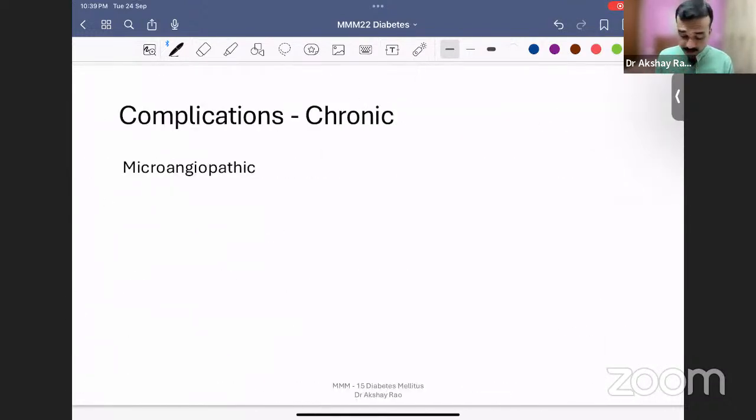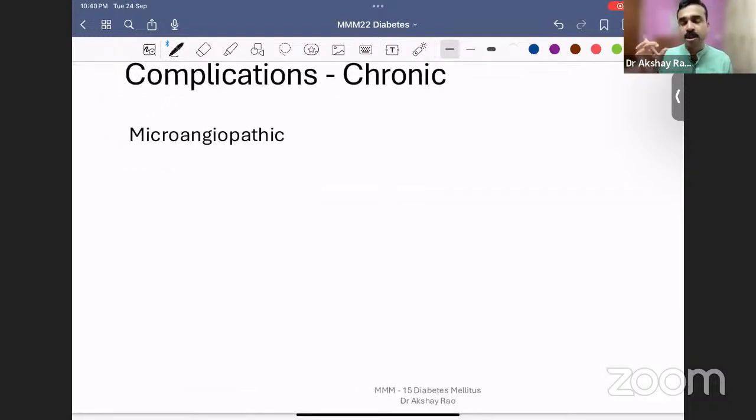What about chronic complications? These in themselves are actually big chapters. A few points we'll discuss. Okay, microangiopathic. I told you basement membrane thickening, AGE, advanced glycosylated end product deposition leads to basement membrane thickening. So what are the chief microangiopathic complications? It can lead to retinopathy.